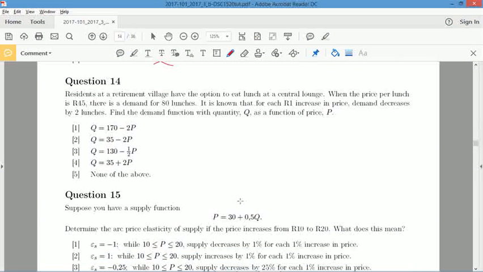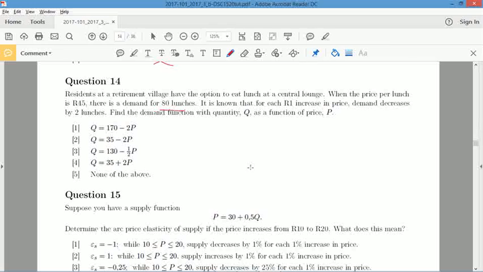Question 14, guys, we're looking at residents at a retirement village who have the option to eat lunch at a central lounge. When the price per lunch is 45, there is demand for 80 lunches. It is known that for each 1 rand increase in price, demand increases by 2 lunches. Find the demand function with quantity Q as a function of price.